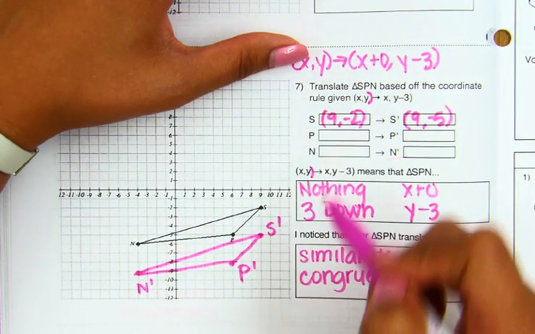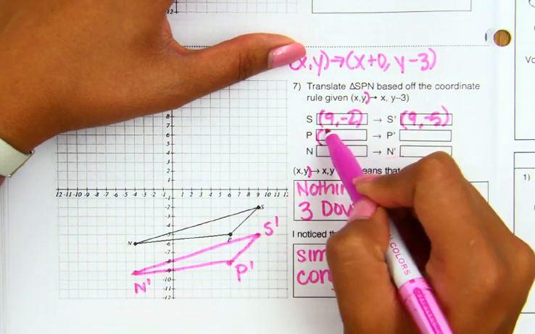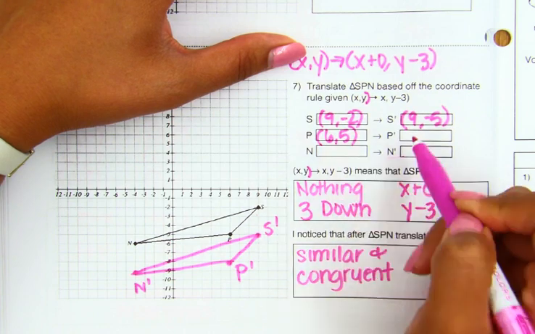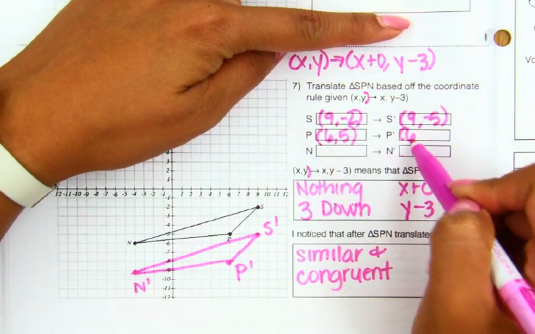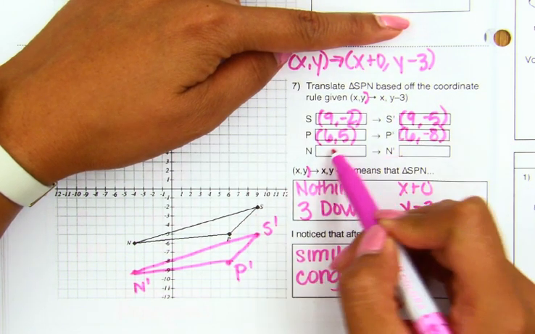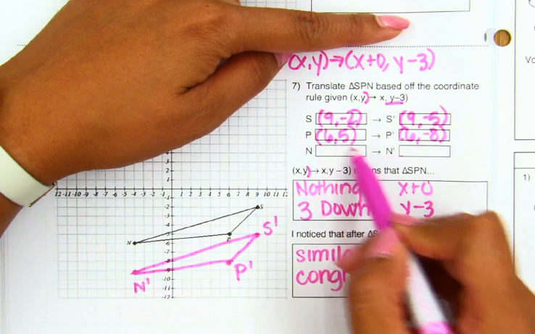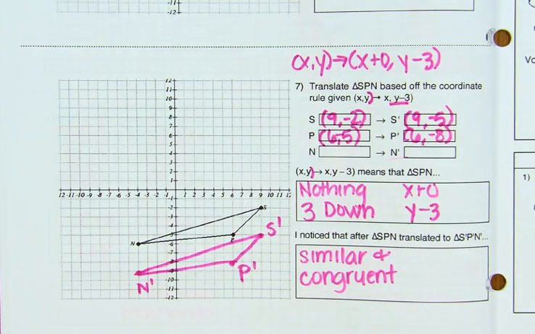So let's try the next one. For P, we have 6, 5. And for P prime, we have 6, negative 8. So once again, you're going to notice the X value stayed the same, but the Y value decreased by 3. So sorry, this is negative 5, not positive 5.